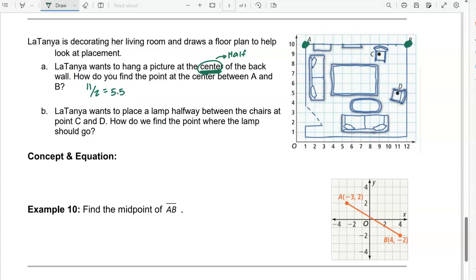So I'm going to go 5.5 blocks from A. 1, 2, 3, 4, 5.5. This is that middle point right there. And we could estimate where that would be. That's about at 6.5, 10 on our picture.